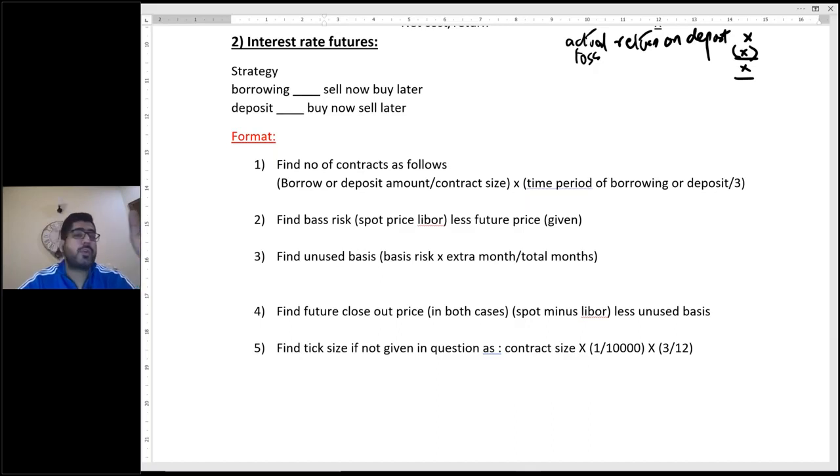I am quite sure, even when I teach online courses, there are many students from here and there always asking, we need some video lectures on interest rate futures and swaps specifically. So this is an area which has been challenging for students, but I show you, if you follow this strategy which I'm telling you, and present this in the exam, you can get full marks. My students usually are not worried about interest rate futures.